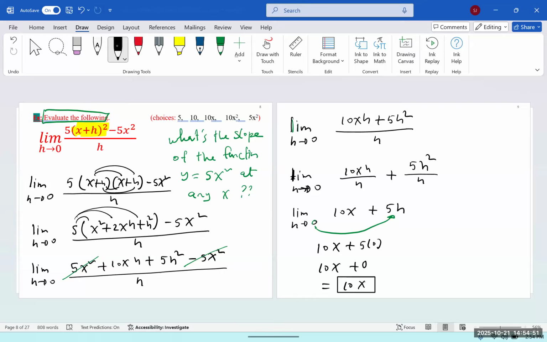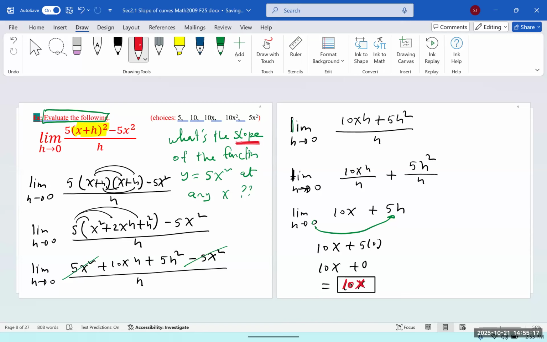What does that mean? It means the slope of this function at any point on this curve has a formula, 10x.